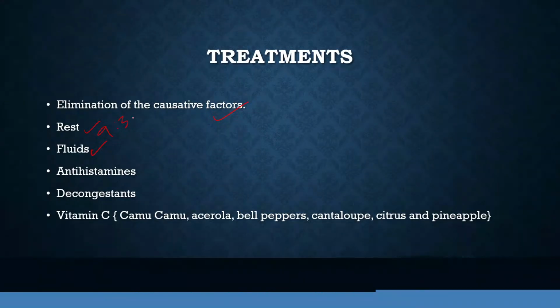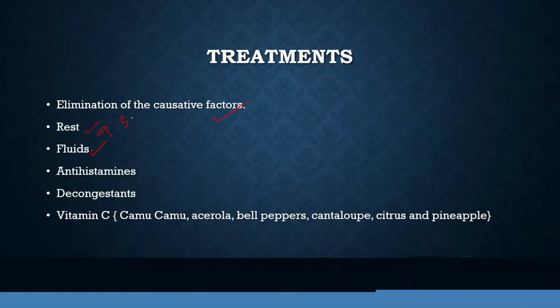So another thing that is also good for common colds is black seed oil. Actually, when you use black seed oil alone, you can just do away with a cold and a flu. Black seed oil. It's a very powerful antiviral.